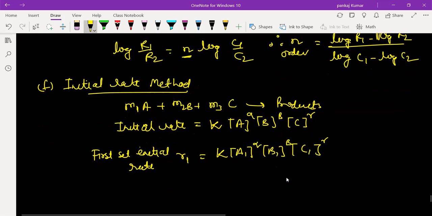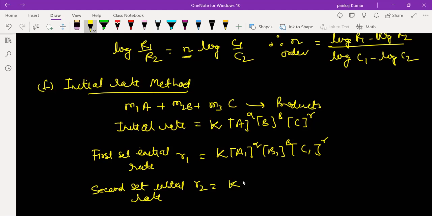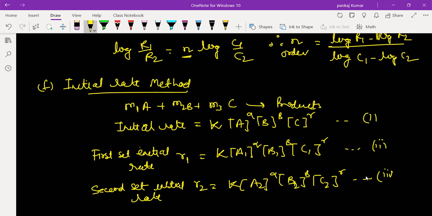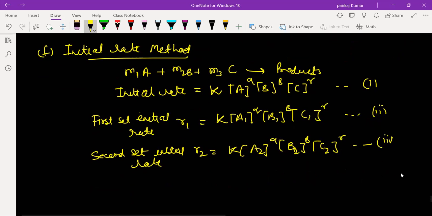Then for the second set of initial rates, we take R2 equals K, A2 to the power alpha, B2 to the power beta, and C2 to the power gamma. So we have two equations here, equation 1 and equation 2, and you have to divide them.